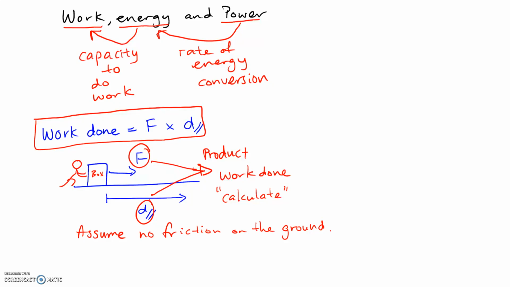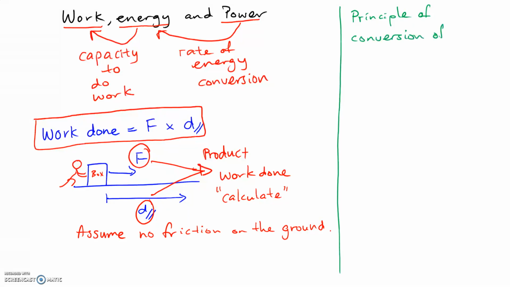Okay? So then on to the next part, in which we talk about the fact that by the principle of conservation of energy, we realize that there are actually three important components, but in your textbook we only focus on two. The first one is energy is neither created nor destroyed.